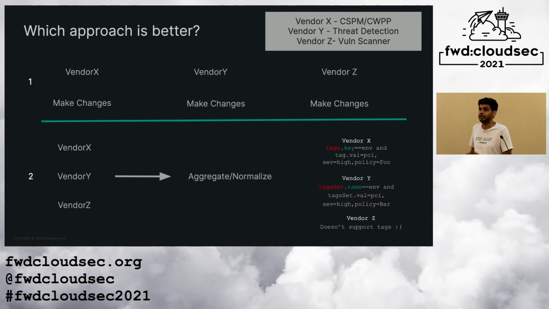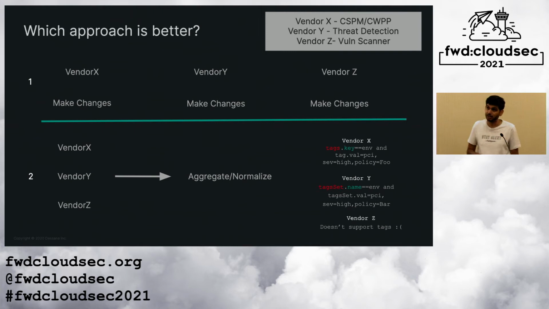So what's the right way? What's the right way that you should be able to describe that, given a tag, this is what my severity should be, the environmental context or the very general context? Well, you can send all the alerts to some SIEM kind of a tool where you are already doing some aggregation and normalization.